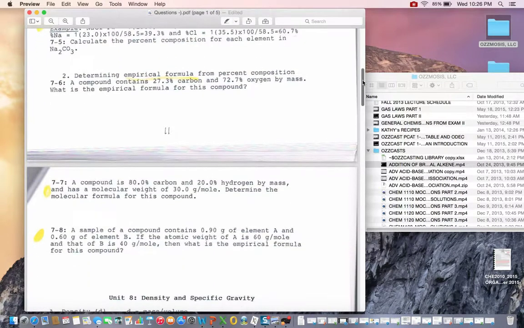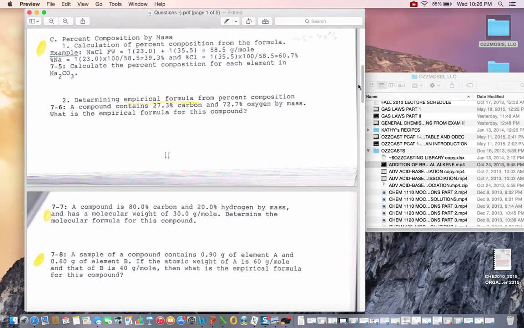I'd like to do one last calculation for this particular video, and that is the empirical formula. We have a compound that is 27.3% carbon and 72.7% oxygen. In other words, all we have is a molecule with carbon and oxygen.